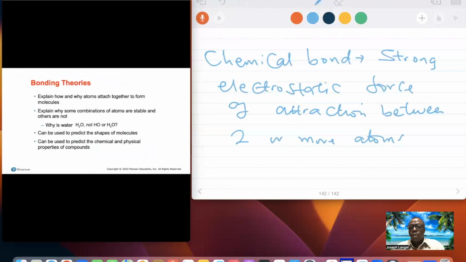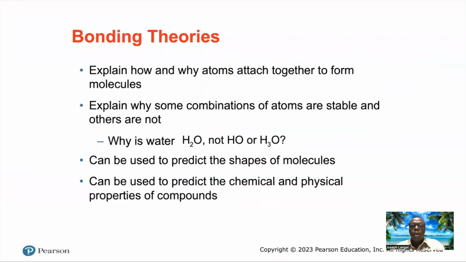Why do atoms form chemical bonds? Bonding theories, either molecular orbital or valence bond theory, explain why atoms are tied together to form molecules. Bonding theories also explain why some combinations of atoms are stable and why others are not.